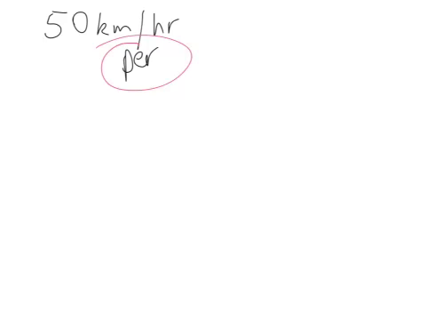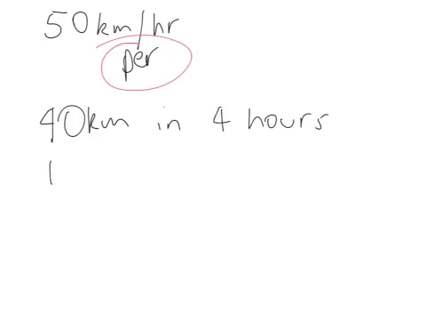So if we had, for example, I went 40 kilometers in 4 hours, well, the rate there is 40 divided by 4, or 10 kilometers per hour.